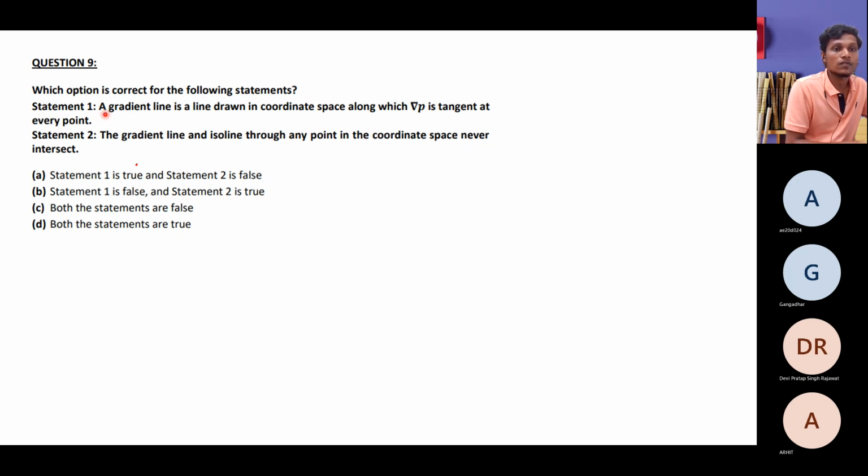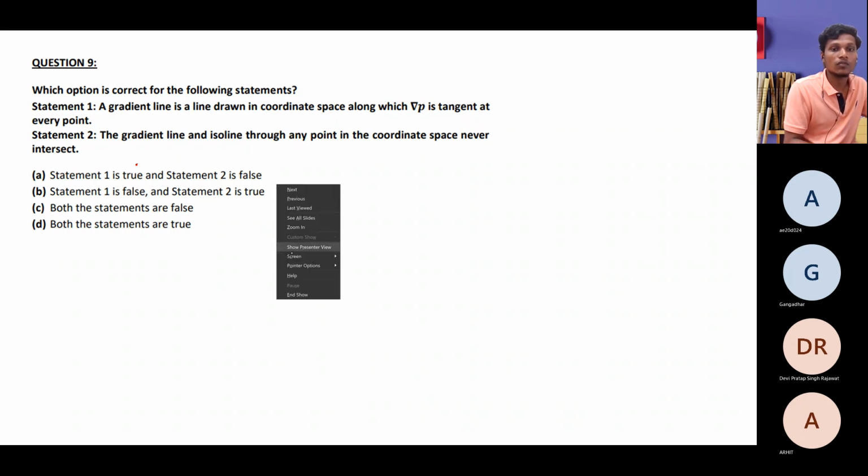Statement 1: A gradient line is a line drawn in coordinate space along which del P is tangent at every point. Statement 2: The gradient line and iso line through any point in the coordinate space never intersect. We have true or false only, asking how many statements are true or false. So they are basically asking about a gradient line, a line drawn in the coordinate space along which del P is a tangent at every point.